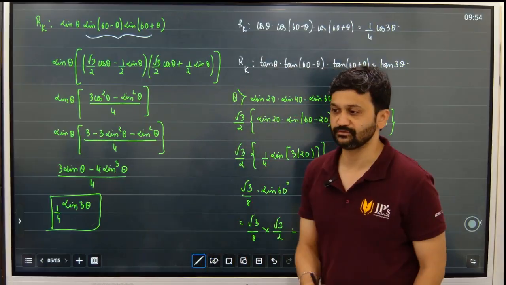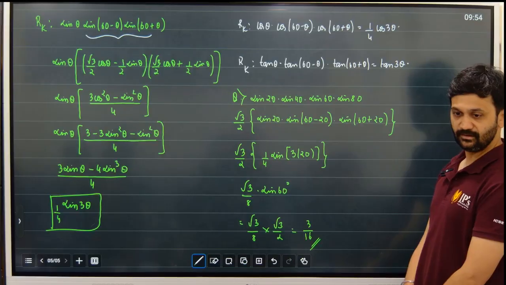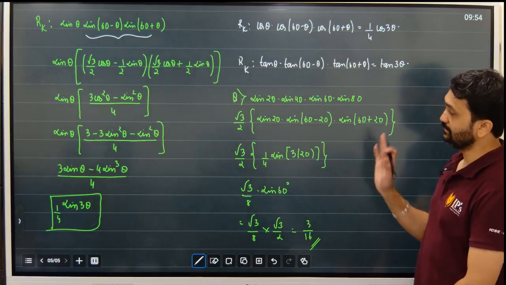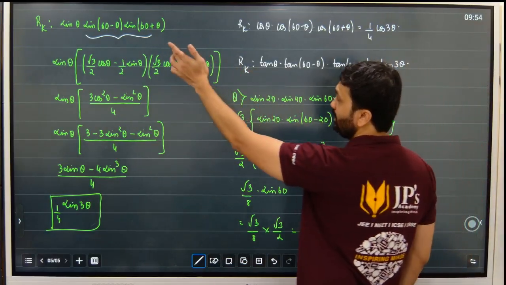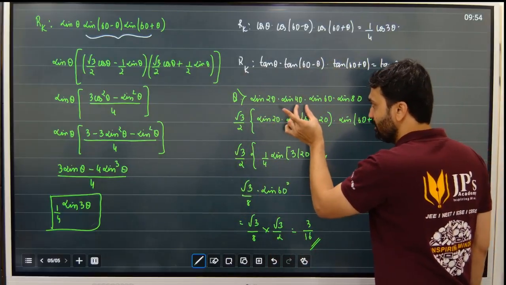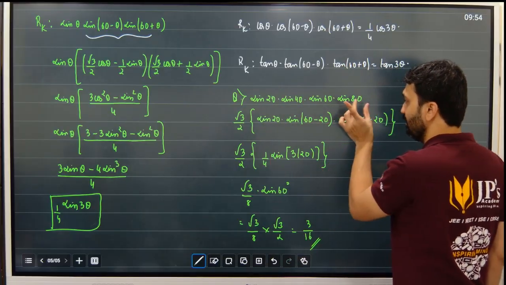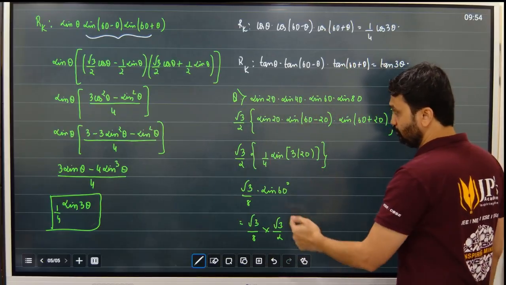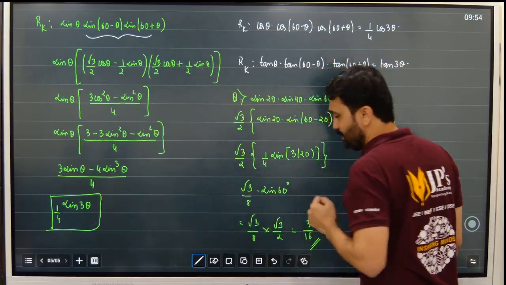Have you guys understood this? Anybody has any doubts? So directly by looking at this pattern, I removed sin 60 and realized that this is 60 minus 20 and this is 60 plus 20. Solve it, use this remark and I will get the answer.